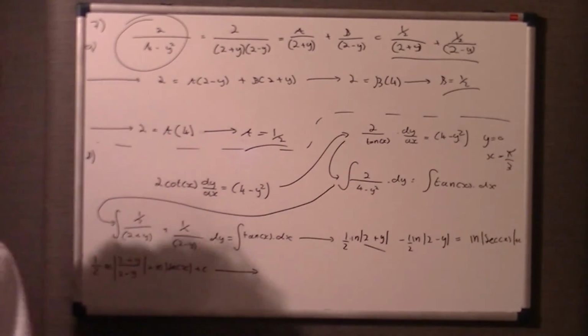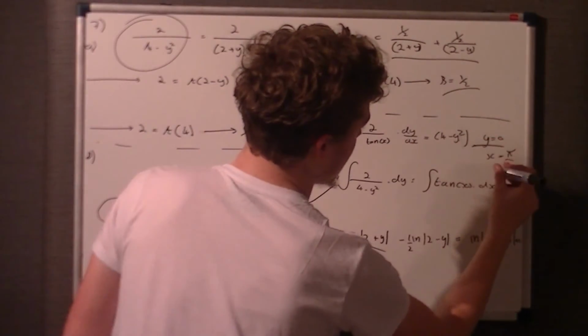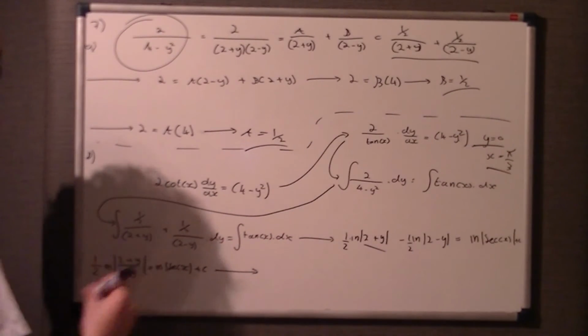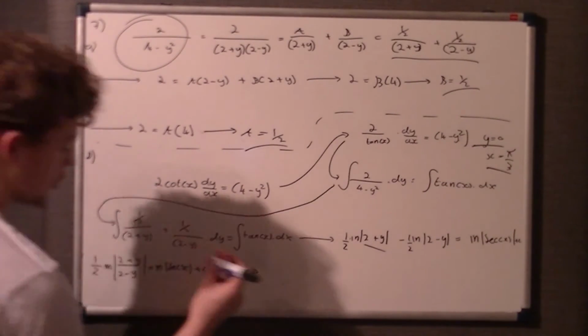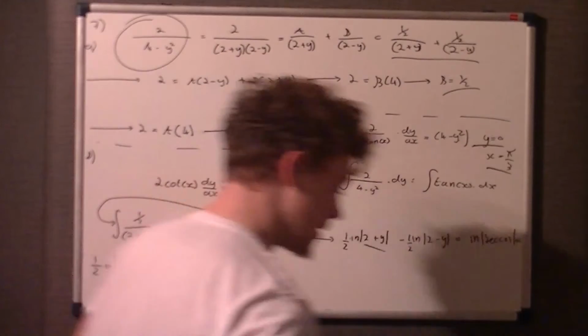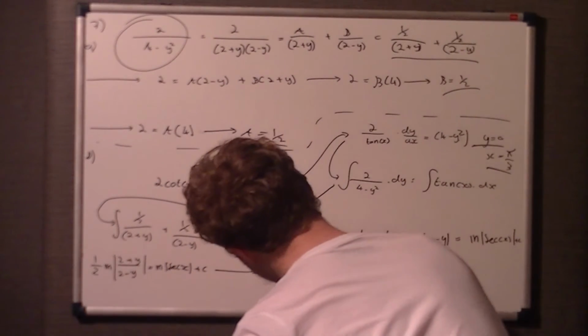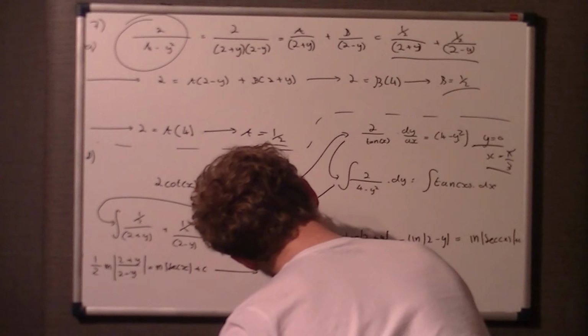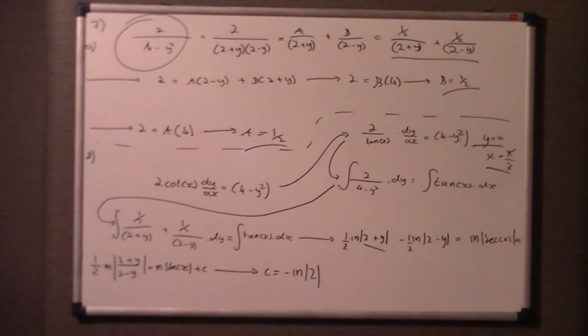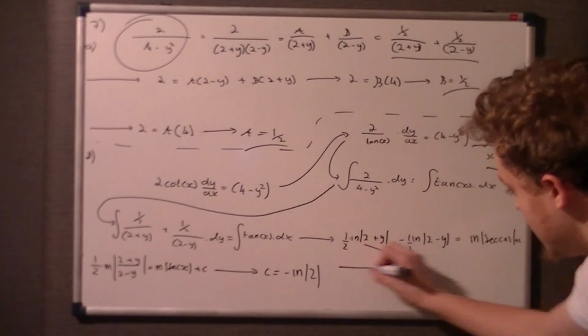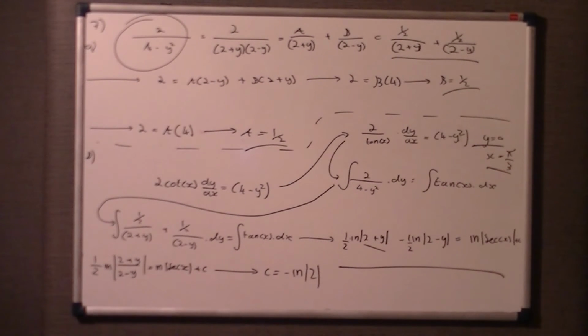And then to get c, we sub in our boundary conditions of y to be 0 and x to be pi on 3. And the shorthand of it is you would get c to be equal to negative ln2. And then it's just a case of rewriting this equation with c being negative ln2.